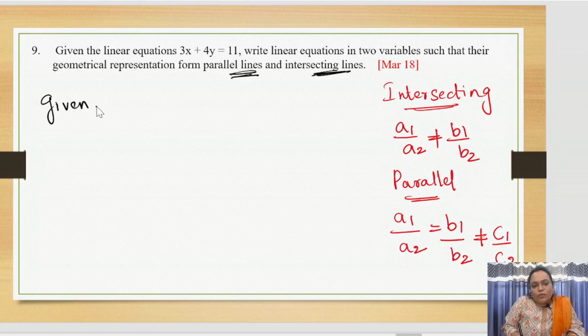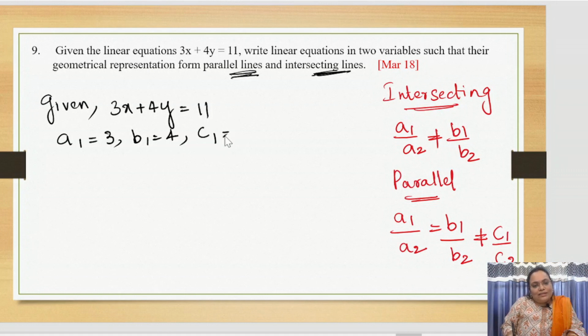So the given equation is 3x plus 4y is equal to 11. Okay. Now comparing this equation with the general form, you will get A1 is equal to 3, B1 is equal to 4 and C1 is equal to minus 11. First, let us find the equation which satisfies the intersecting lines.